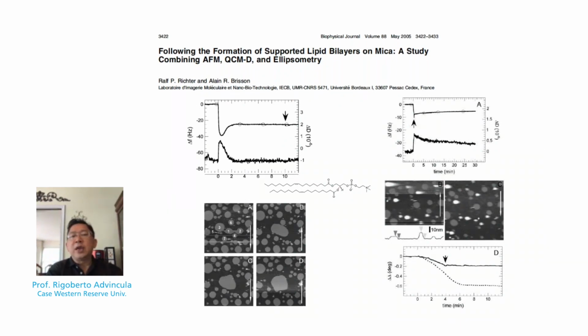In other words, this viscoelastic nature, and actually other data also shows that the viscoelastic nature is somewhat sensitive with the dissipation mode, but definitely AFM gives a correlation on the morphology change at various times of the deposition. So this is what I would call an ex-situ correlation between the AFM and the QCMD result.